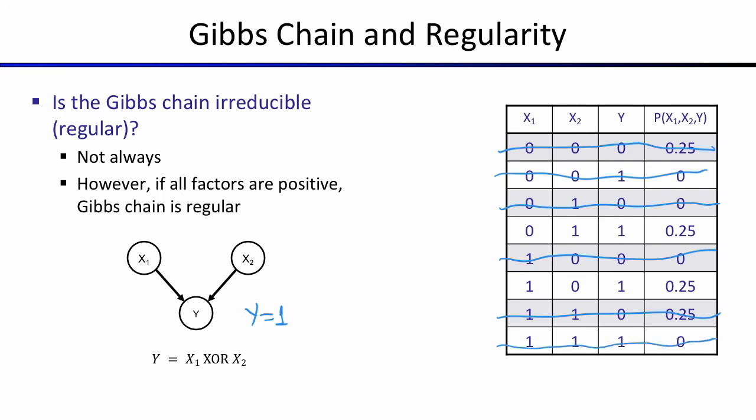And we can see that given evidence y equal 1, if for instance we are sampling x1 and we have x2 equal 1, we have just one line that's compatible with this. And in this case, I can only go to x1 equals 0. So I cannot go to the other state x1 equal 1, because in this case, this guy is not compatible with this one here. And the same thing happens if we specify the value for x1 and try to sample x2. So it's not guaranteed to be a regular chain if we have 0 probabilities. But if the factors are all positive, the Gibbs chain is irreducible.